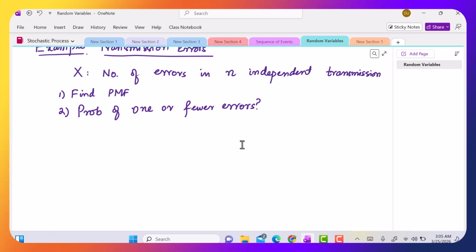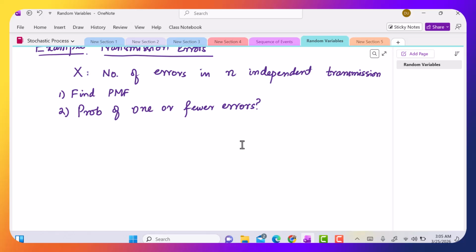Or in the worst case, all the transmissions get corrupted and we have n errors.